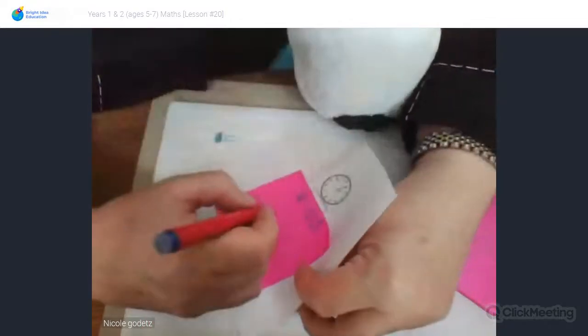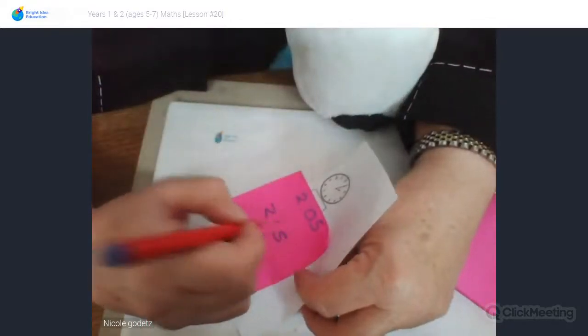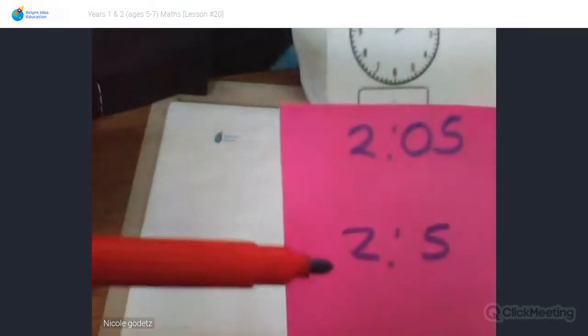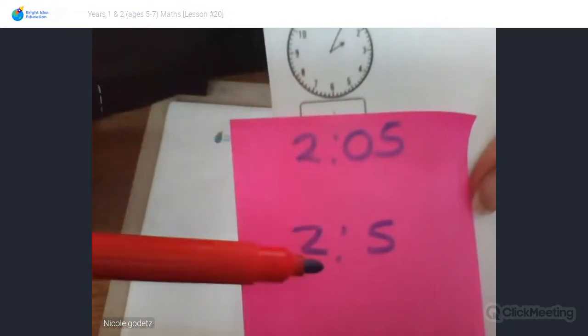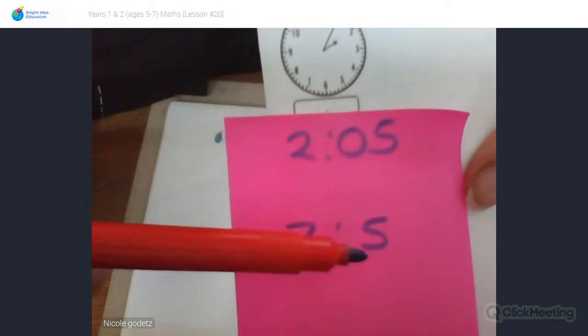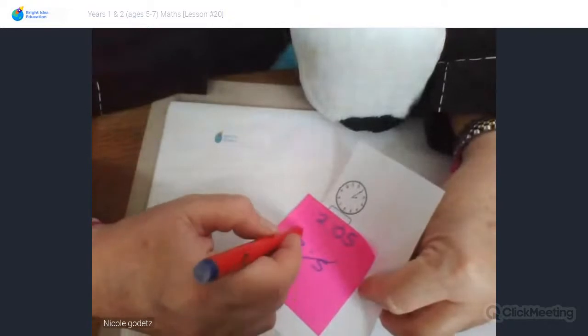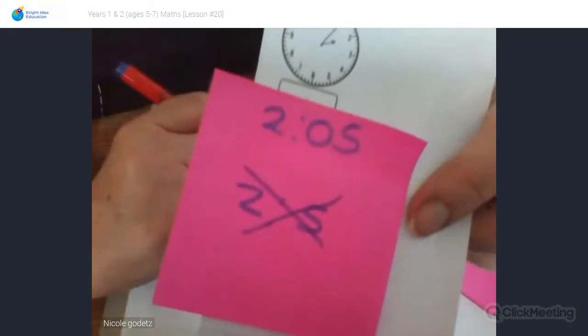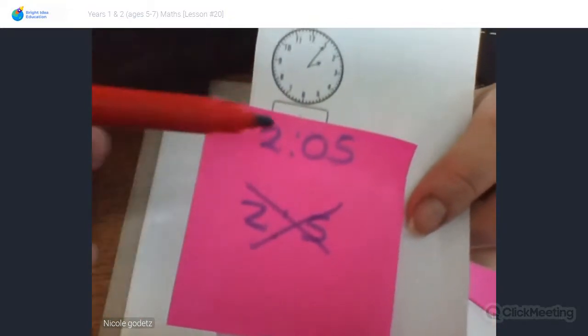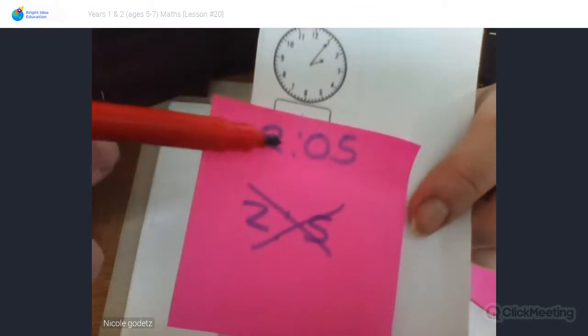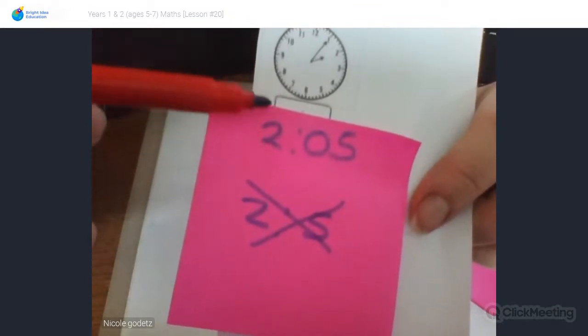We cannot write 2, 5. We put the 0 in as a placeholder, and make sure you're using a colon, not commas.